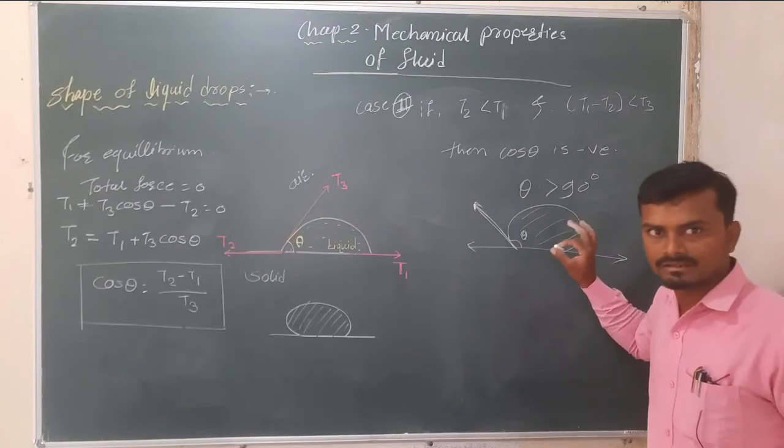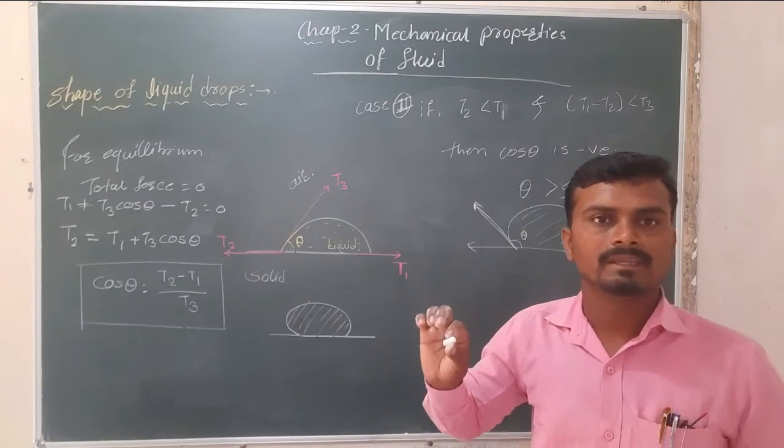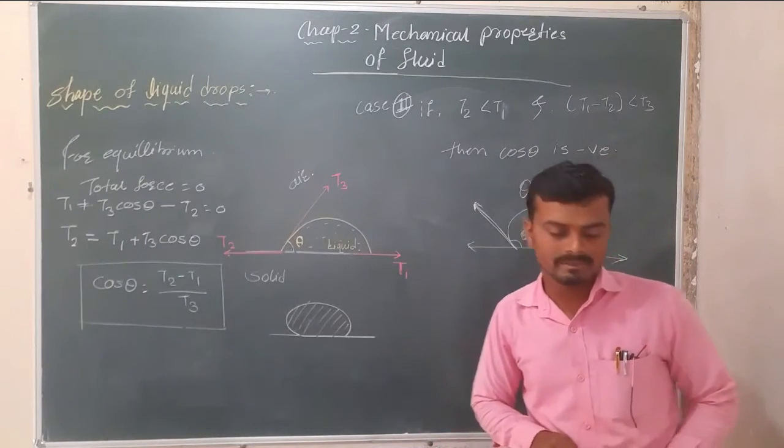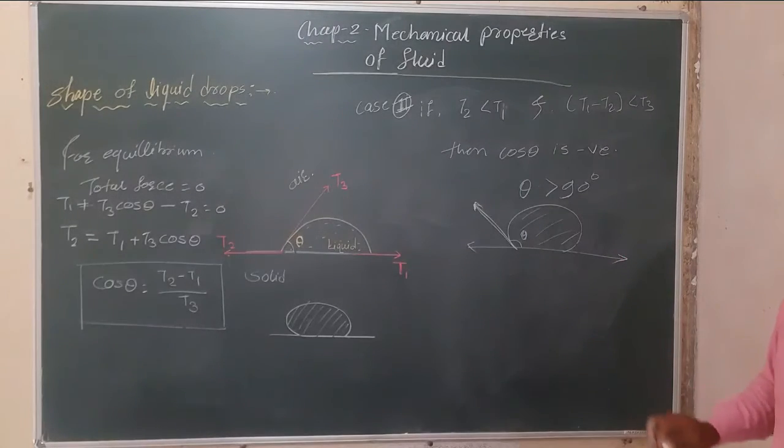An example of this shape is mercury. If we drop mercury on the solid surface, then such a shape is observed.